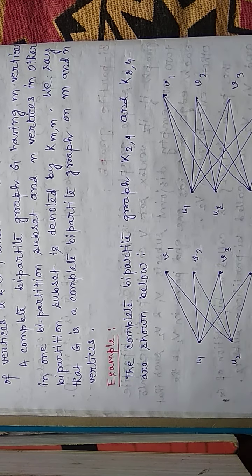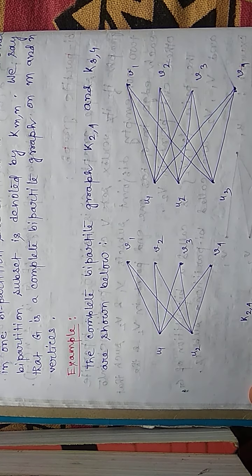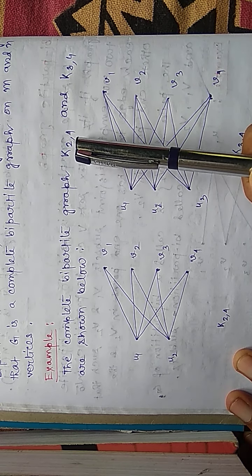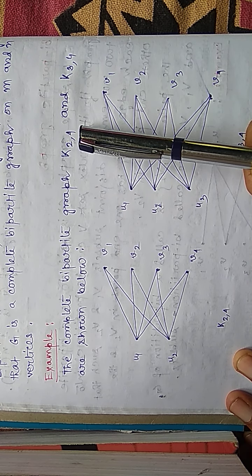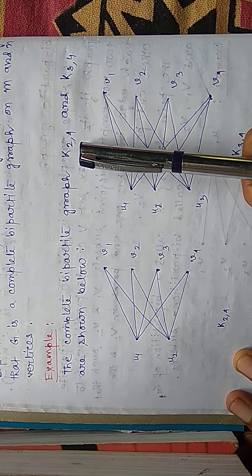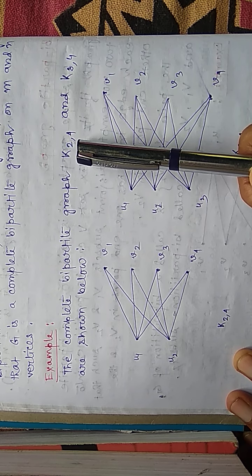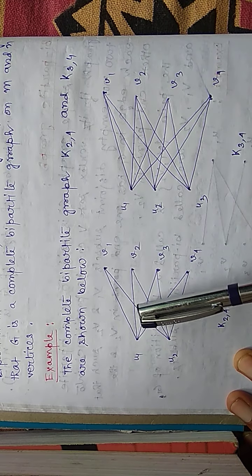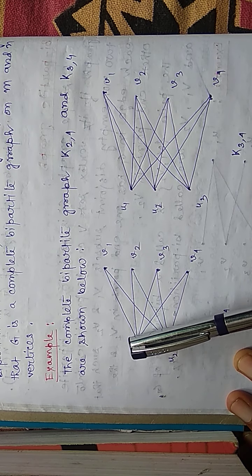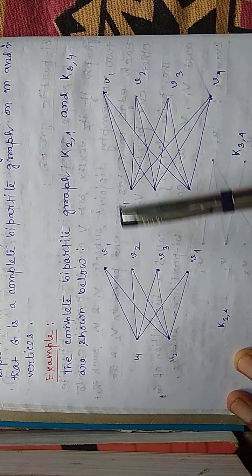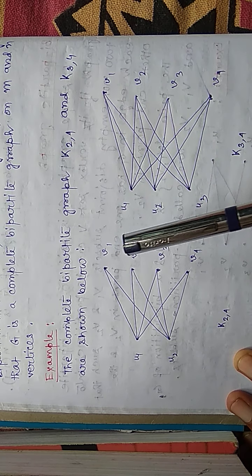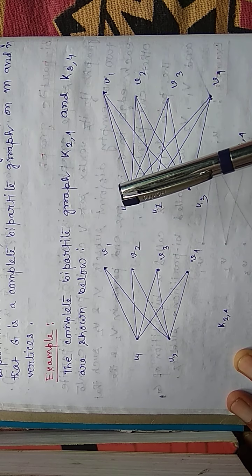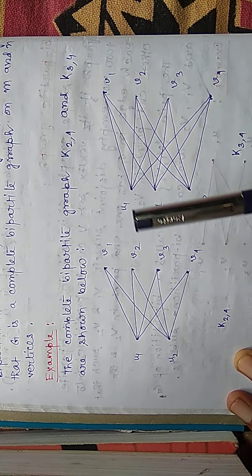Okay, look at the example. A complete bipartite graph K2,4, that means the total number of vertices in the first bipartition subset is 2 and the total number of vertices in the second bipartition subset is 4. Here it is: u1 and u2 are those two vertices in V1 and v1, v2, v3, v4 are the 4 vertices in the second bipartition subset.